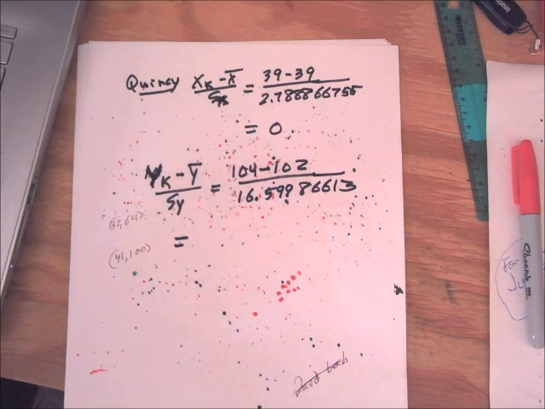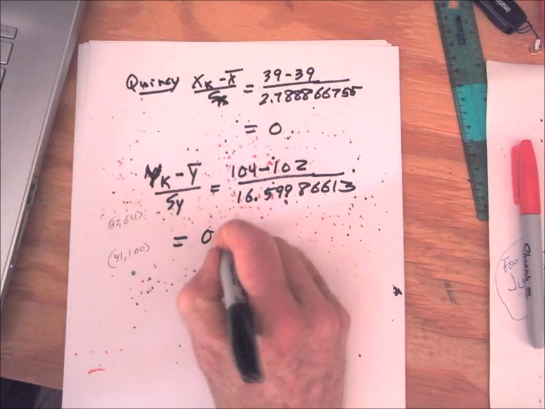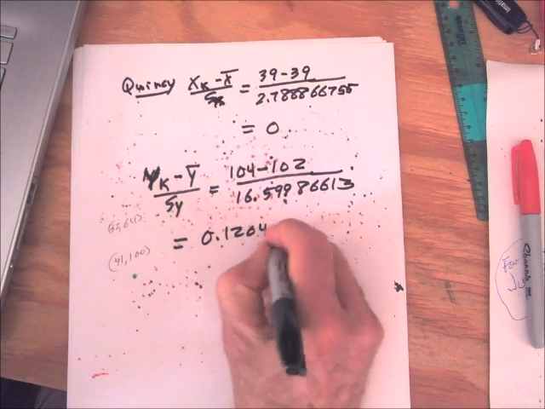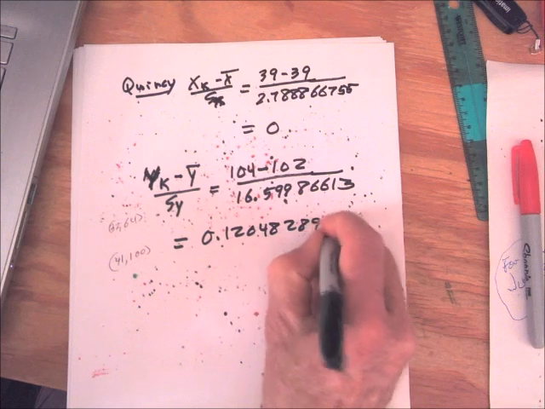Okay, so let's see what that is. You get 0.12 something, 0.120482899.